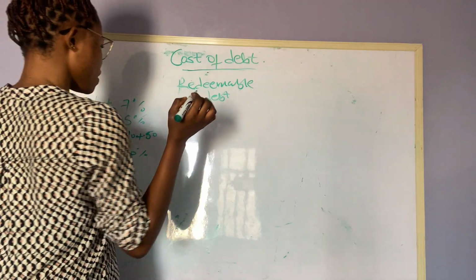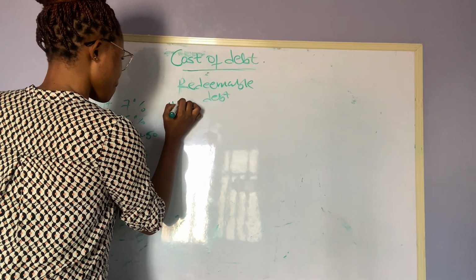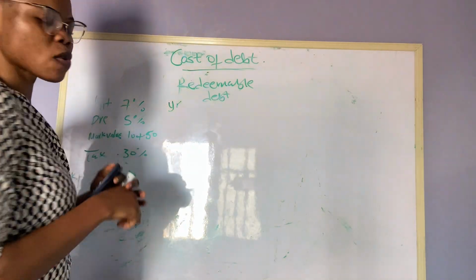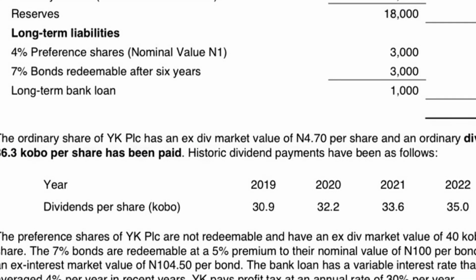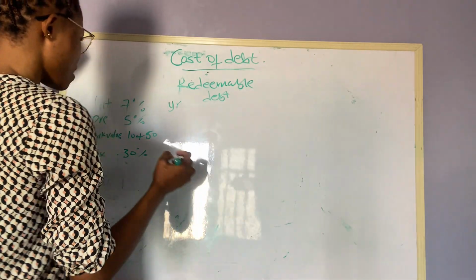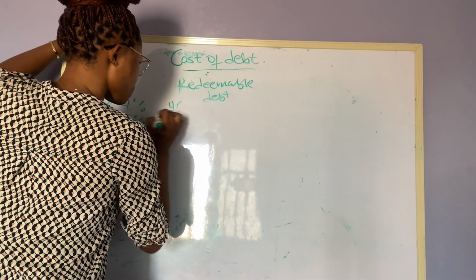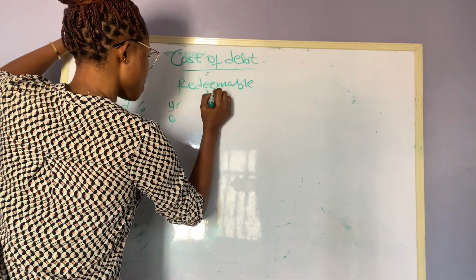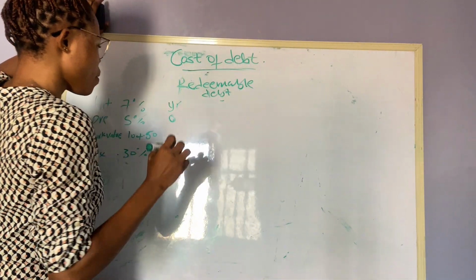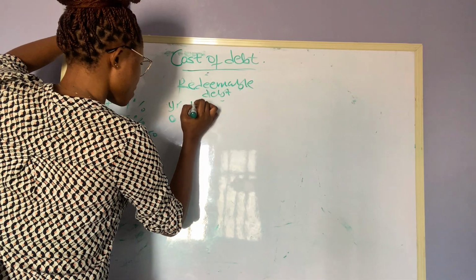So the first one is year. This question says it's 7% redeemable after 6 years, so which means it's 6 years. Now I'm going to say year 0. This year 0 we're going to have items.